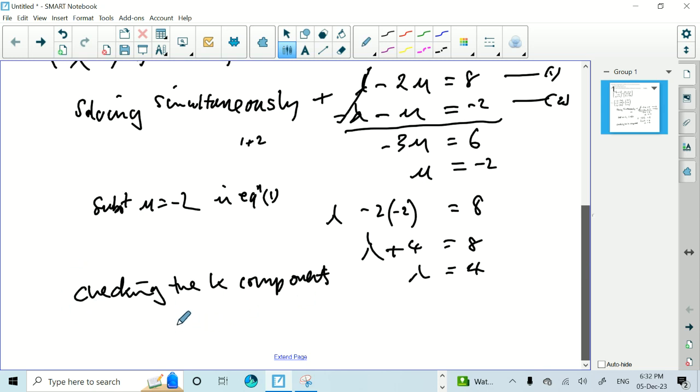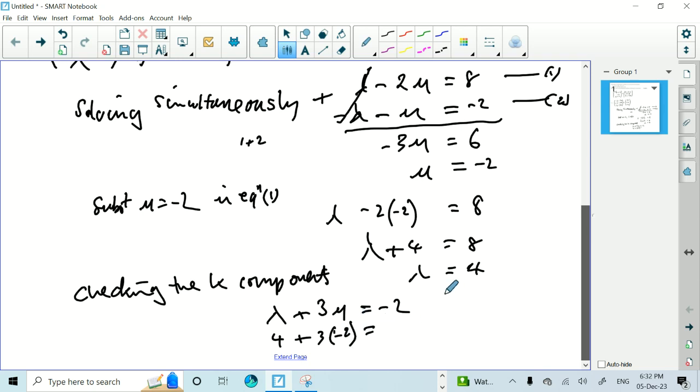So using the k component, lambda plus 3 mu is equal to negative 2, I substitute the values in, so I've got 4 plus 3 times minus 2, because mu is minus 2.